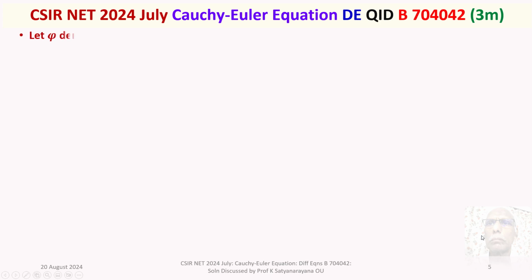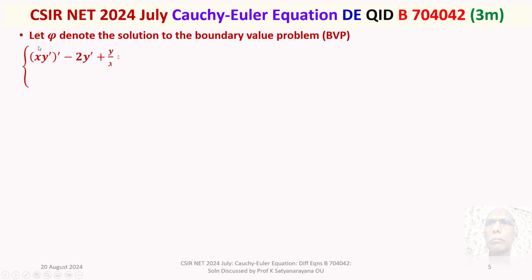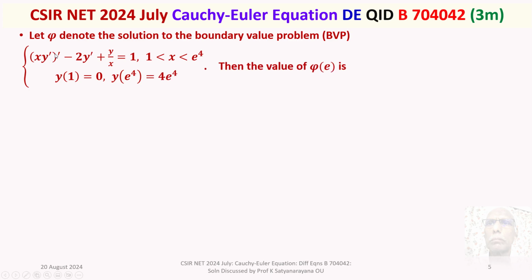The given question is: let phi denote the solution to the boundary value problem, in short BVP, and the equation is (x y')' minus 2y' plus y by x is equal to 1, where x lies between 1 and e to the power of 4.